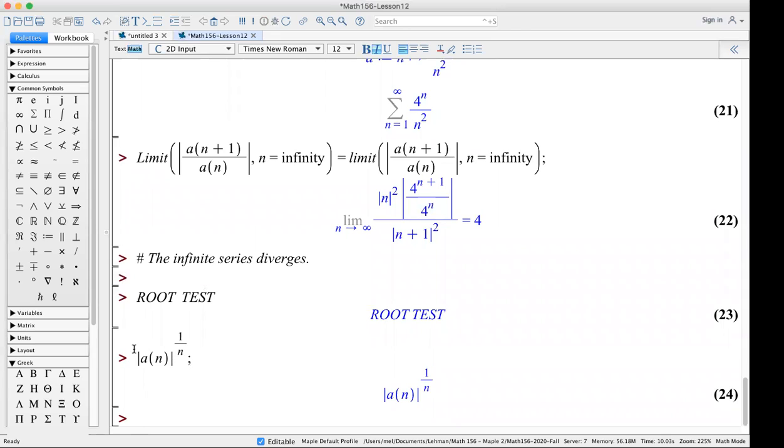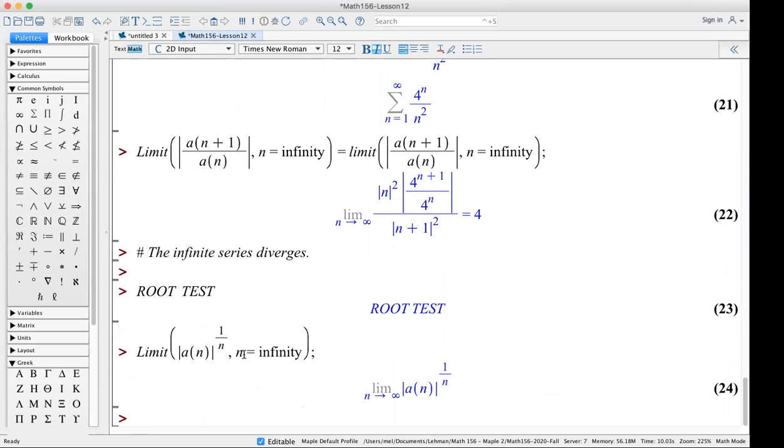This is what we're looking at. And again, we're interested in the limit of this as n goes to infinity. Again, if the limit is less than 1, the series converges. If the limit is greater than 1, the series diverges. And in other cases, we don't know.